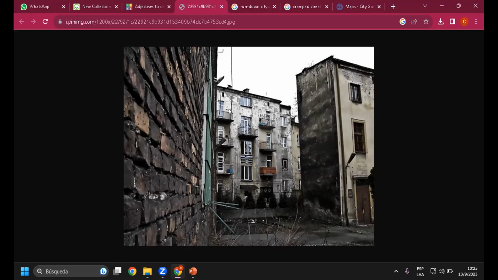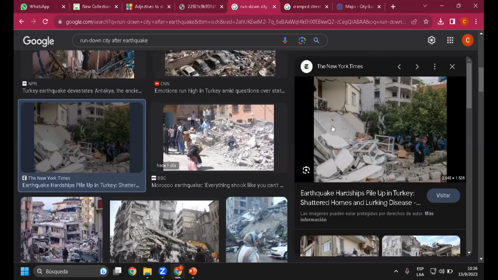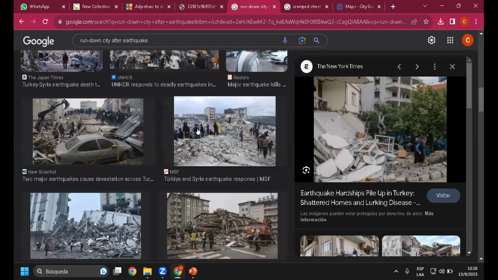So you can say, hey, this city is very beautiful, but the buildings are run down. That means that the buildings are so old that they are not working properly, okay? Or you can say, after the earthquake, the city is totally run down.